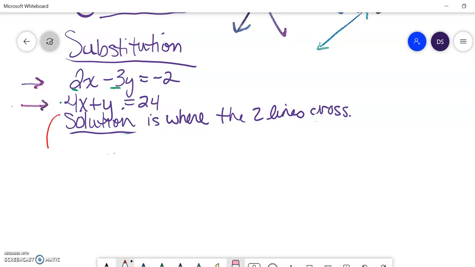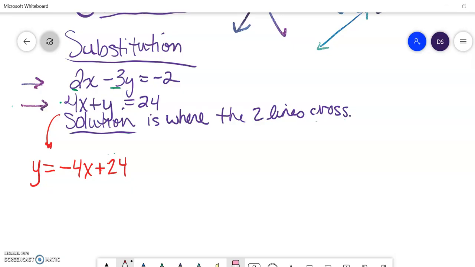I'm hoping that you see that it's the bottom equation, solving for y, because I can simply take over the 4x, and then I have y alone. You don't always have to solve for y. I would look at whatever variable is the easiest to get alone. Most students are just trained to always solve for y, but solve for the easiest variable. In this case, it happens to be y.